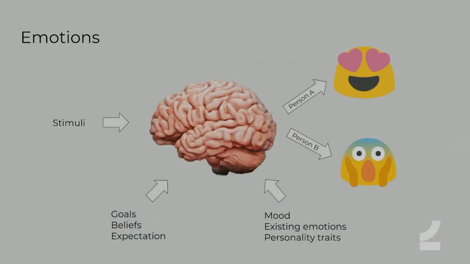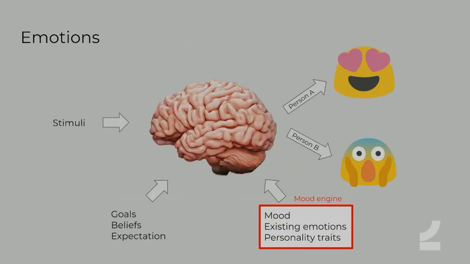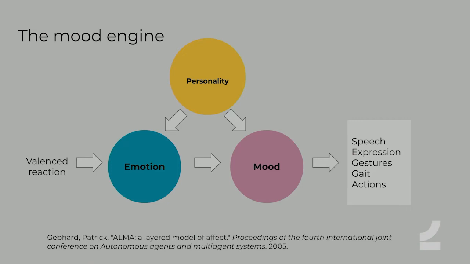And for this reason, we are exploring things using emotions and something called a mood engine. The mood engine in this case, we're basing it off a model called ALMA, a layered model of affect. The two main components in ALMA are emotions and mood, and then we can add a layer of personality to that. But I'm mostly going to talk about the emotions and the mood.